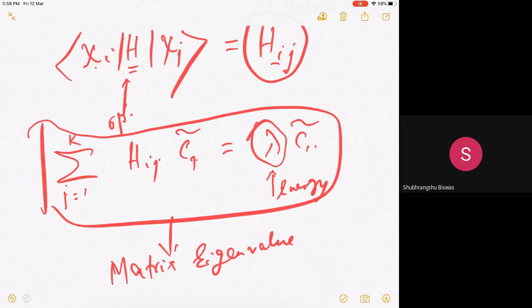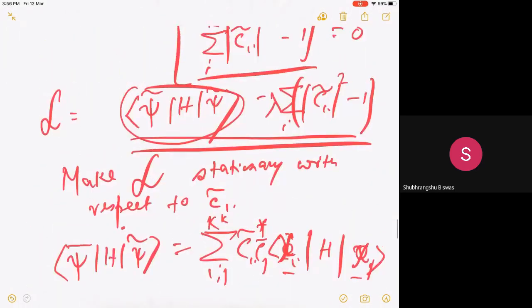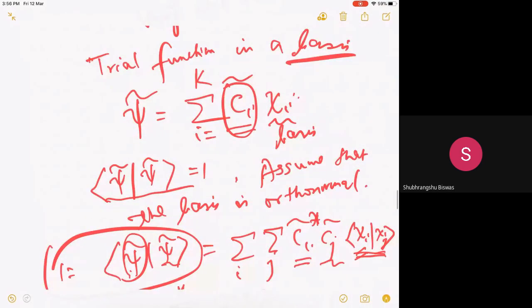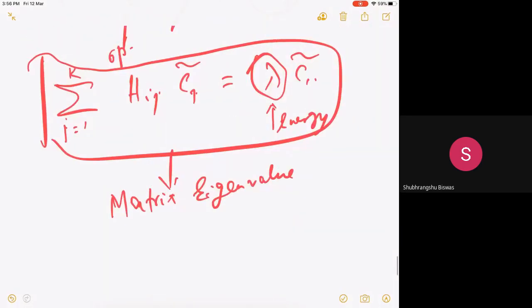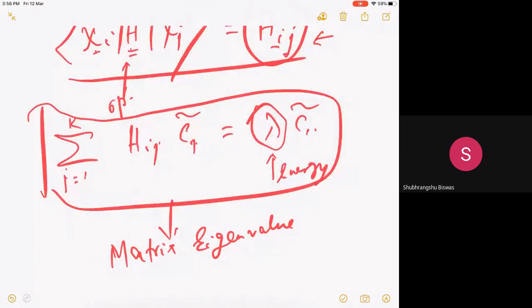So the point is the following: I am doing a linear variation of psi tilde in terms of a basis. What is my first step? Construct this matrix element. The basis is known, the Hamiltonian is known, construct the integrals, you get the matrix, and then the recipe is very simple. Simply diagonalize the matrix.